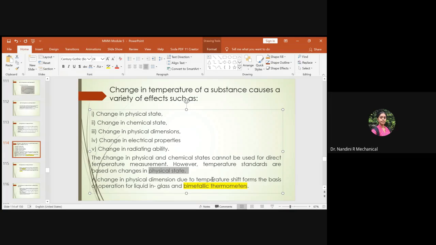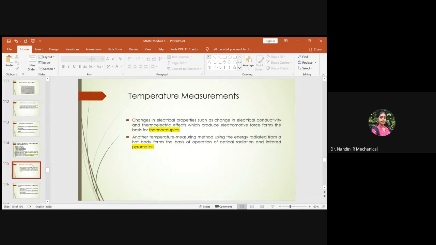So the instrument we use to measure a change in physical dimension due to a shift in temperature is based on bimetallic thermometers. Similarly, for the other changes you have to consider, you have heard about thermocouples and pyrometers and all.